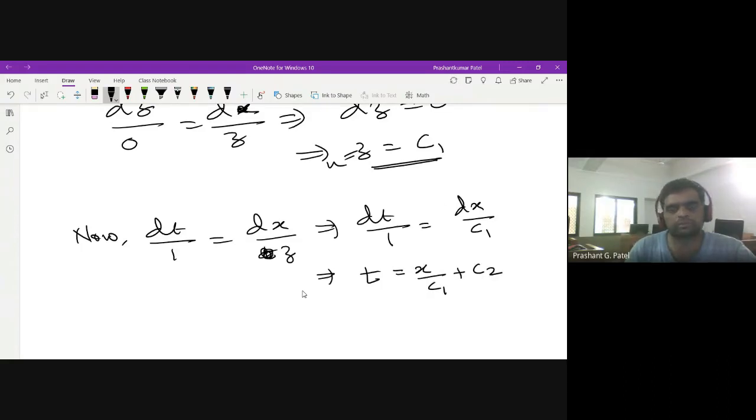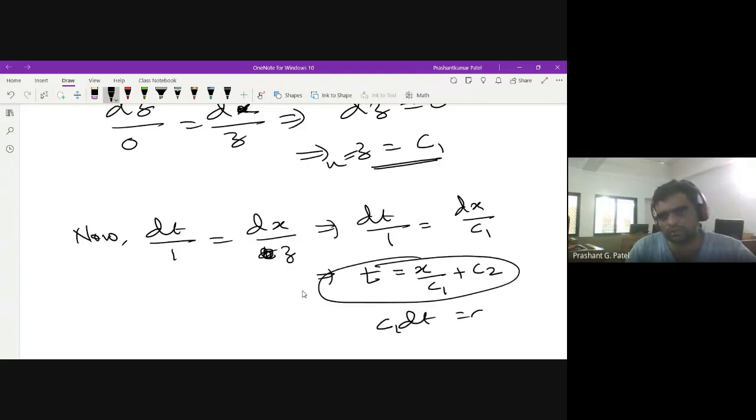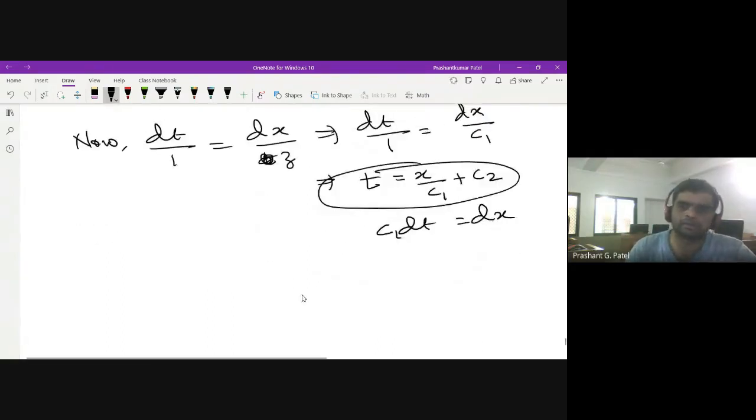plus c2. Or if you want to simplify in a simpler manner, you just multiply c1 to this equation. It will lead to this one, and hence this will give you c1 into t equal to x plus c2.